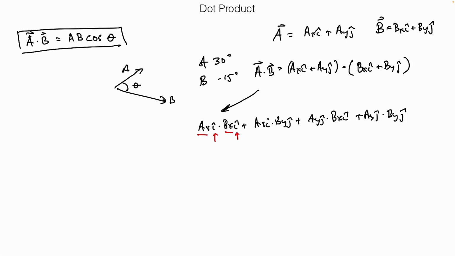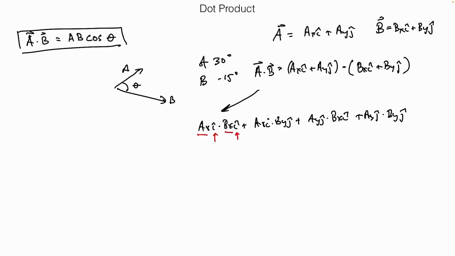Well, first of all, a unit vector has magnitude of 1. So what's 1 times 1? 1. And what is the angle between i hat and i hat? 0. That's the same direction, isn't it? So what's the cosine of 0? It's 1. What's 1 times 1 times 1? 1.